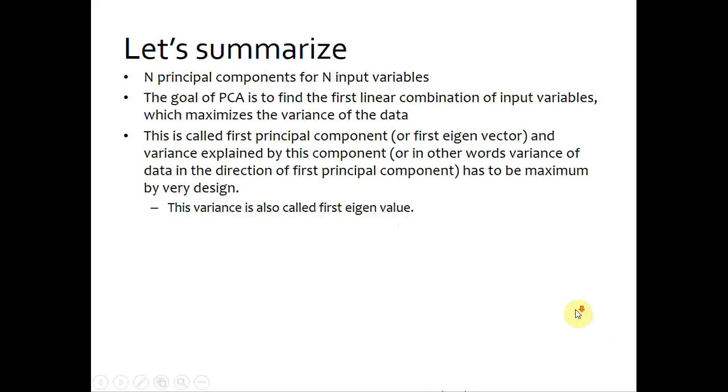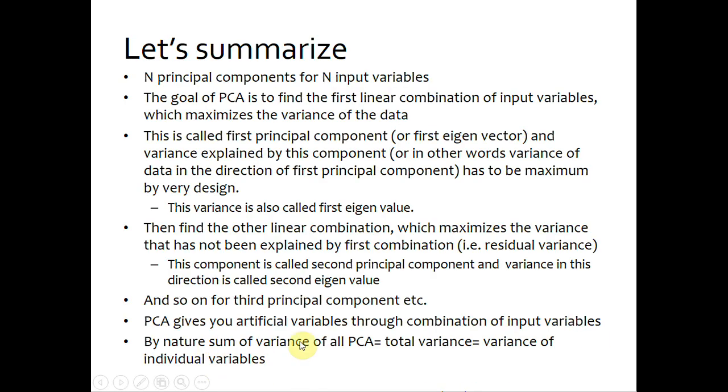The point here is that by very nature, the sum of variance of all principal components has to be equal to the total variance, which is equal to the variance of the individual variables, and the variance of the first principal component, that is the first eigenvalue, has to be bigger than the variance of the second principal component or second eigenvalue, and so on.